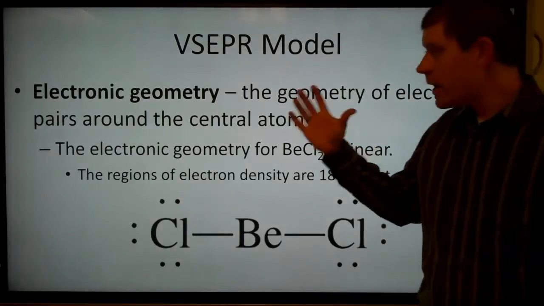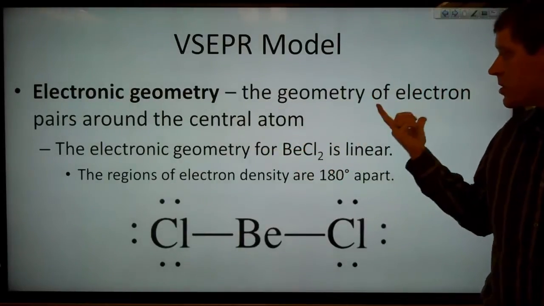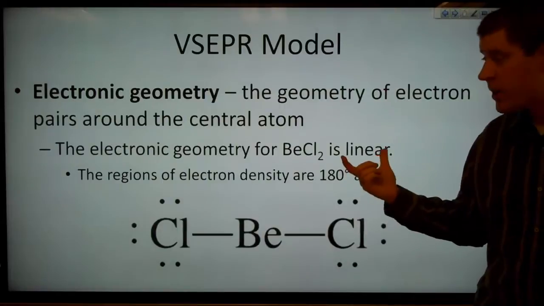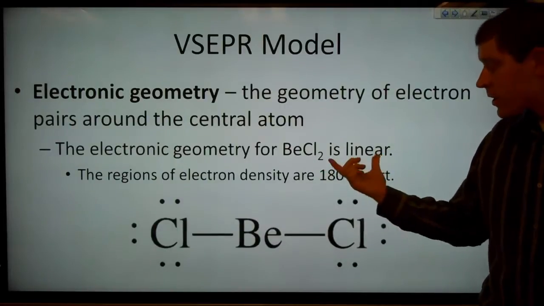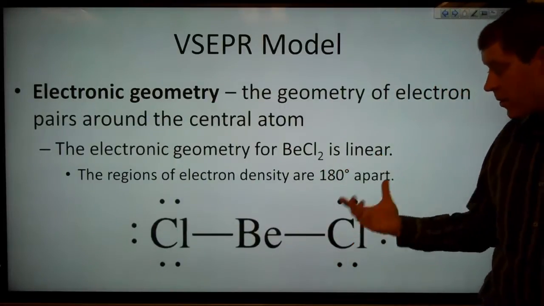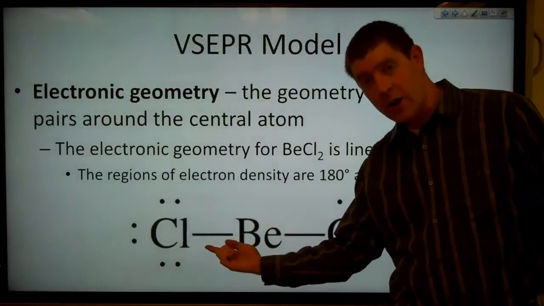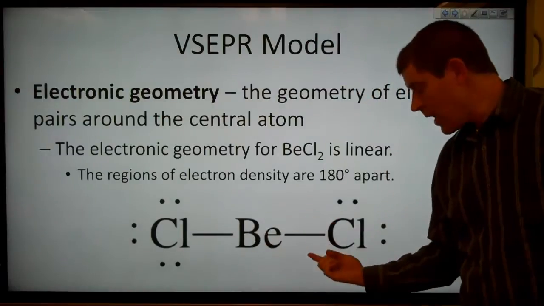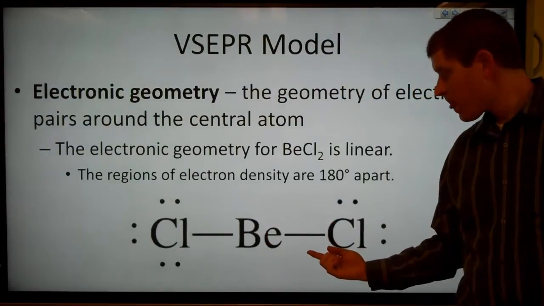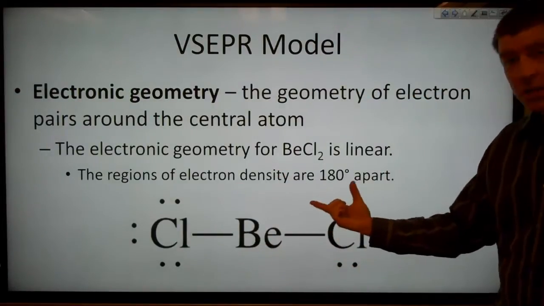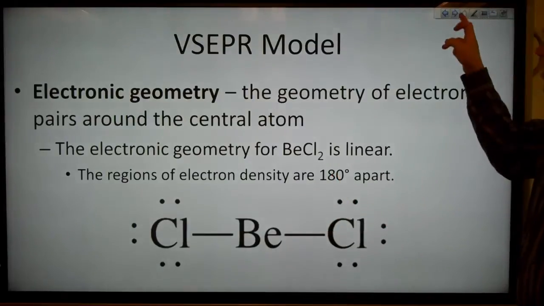Now, we can talk about the electronic geometry. That's the geometry of the electron pairs around the central atom. So the electron geometry for beryllium chloride is linear. Well, because we have a linear relationship between this electron pair, the beryllium nucleus, and that electron pair. So our electron density regions are 180 degrees apart.